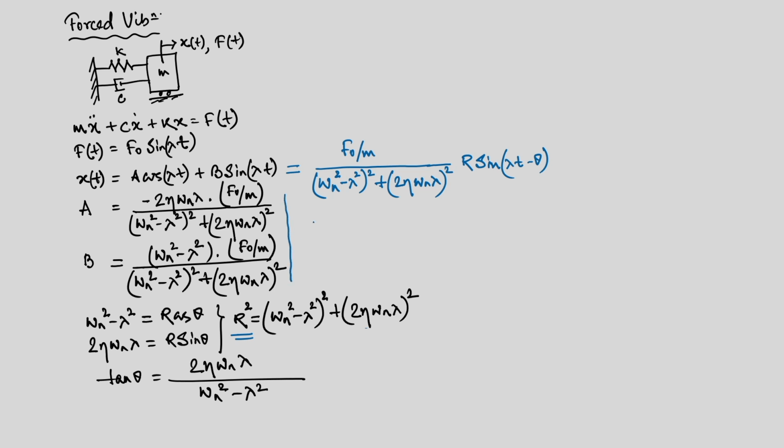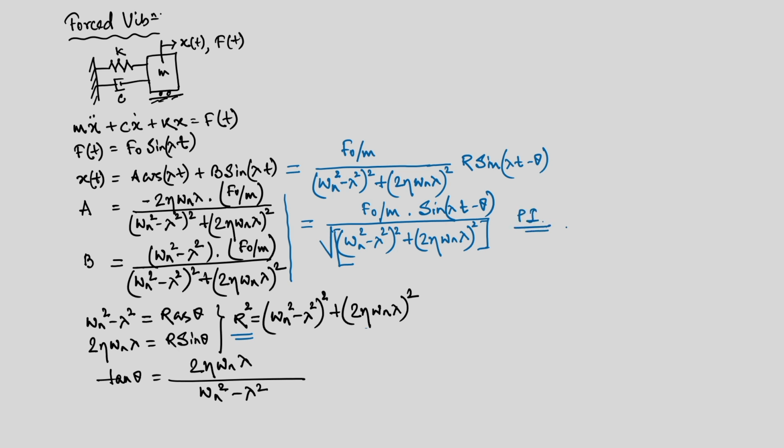So, if we do that, then it will be f naught divided by m, and in the denominator we have omega n square minus lambda square whole square plus twice eta omega n lambda whole square, and the square root will be applied over the complete expression. And then here there will be sin lambda t minus theta. So, that is the particular integral. So, now we have the solution for the particular integral.